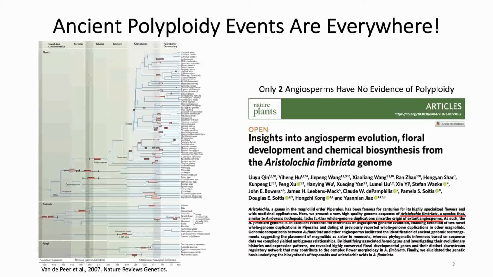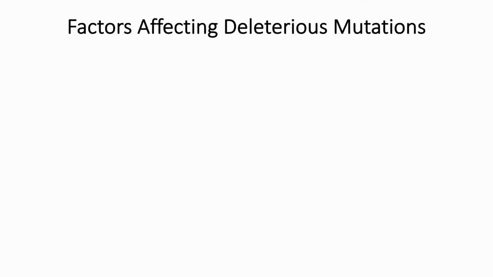Although polyploidy is important in angiosperm evolution, there are still a lot of important questions that we don't have answers to, such as how does evolution act differently in polyploids compared to diploids? And today I want to focus on one aspect of that, and that is deleterious mutations. Now, a lot of work has gone into population genetics to determine the factors that influence how deleterious mutations accumulate or are purged.